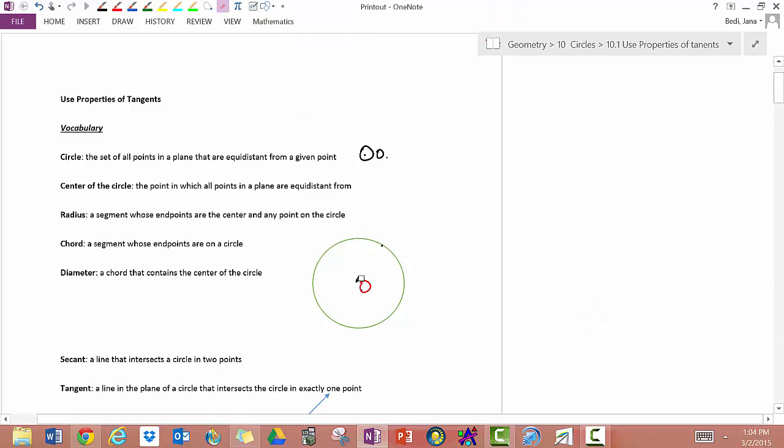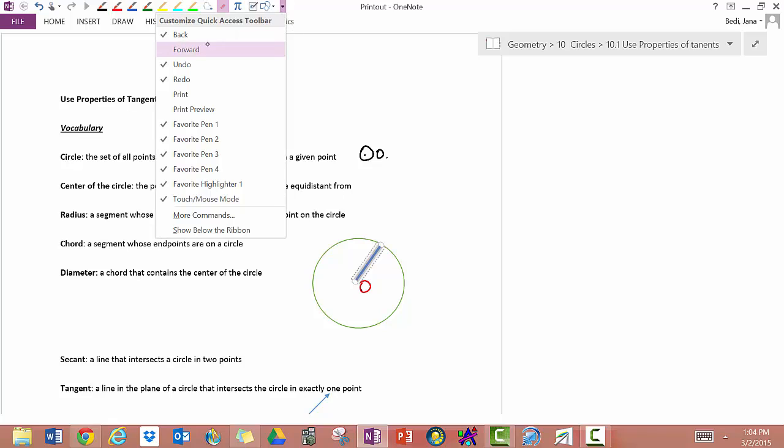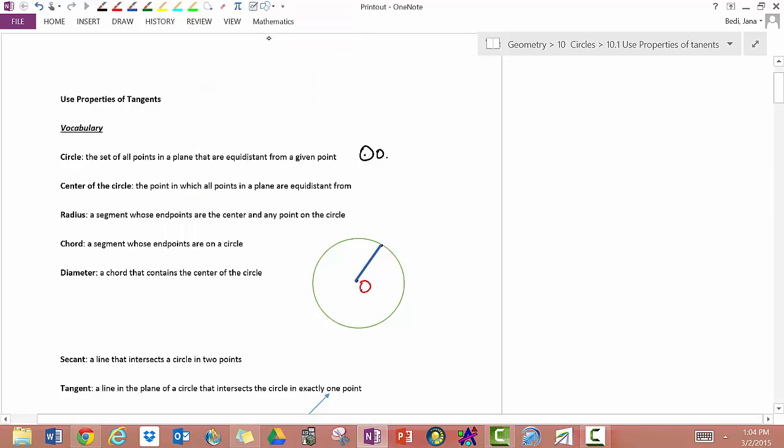In fact, the definition of a circle is that it's a set of points in a plane that are equidistant from a given point. So if you look at these two blue segments, they are actually equidistant from the center, and they are called the radii.